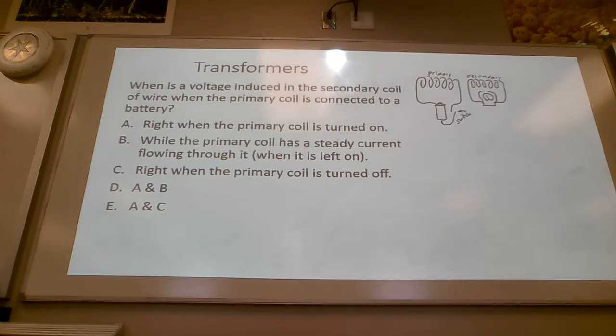But when it's left on, the magnetic field is increasing. Only when it's turned on. When there's a steady current, why would the magnetic field increase? Why would you say C?